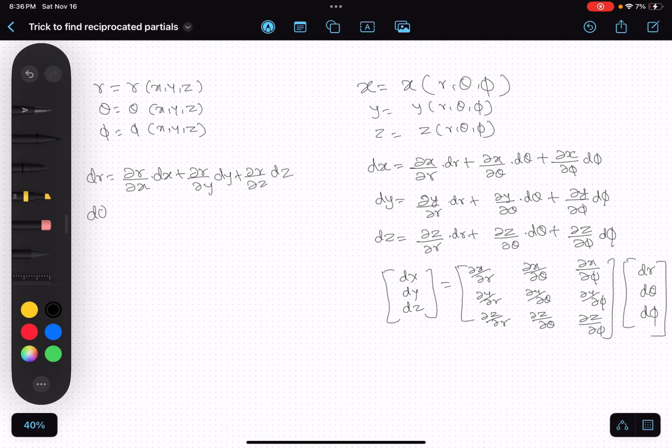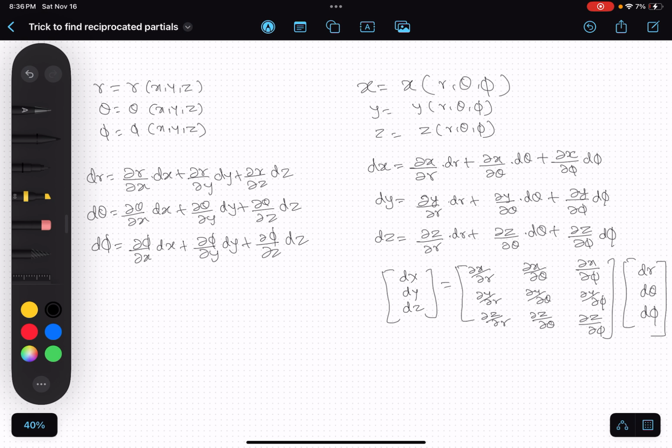Similarly, the change in theta can be written as change in theta due to x, change in theta due to y, change in theta due to z. Similarly, I can write the change in phi as change in phi due to x, change in phi due to y, change in phi due to z.